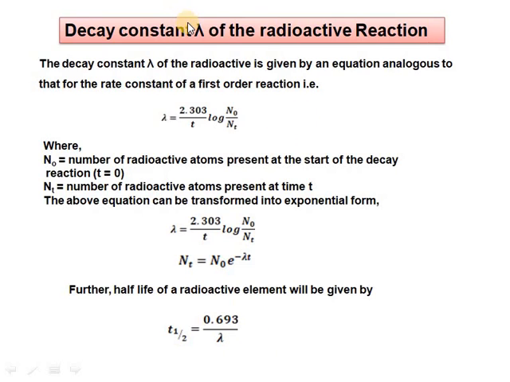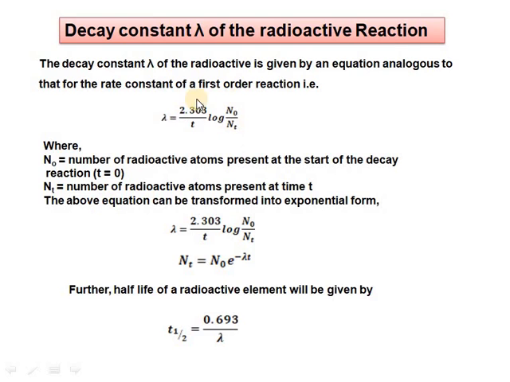The decay constant lambda of radioactive reactions is given by an equation analogous to that for the rate constant of first order reactions. Lambda is equal to 2.303 upon T into log to the base 10 of N0 upon Nt, where N0 is the number of radioactive atoms present at the start of the decay reaction, that is when T is 0, and Nt is the number of radioactive atoms present at time t.